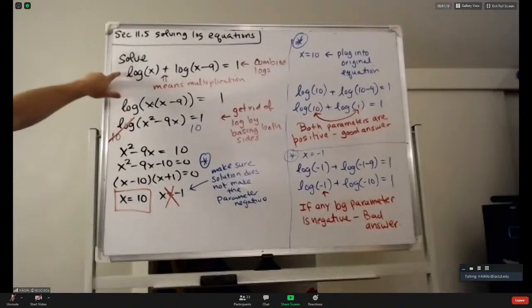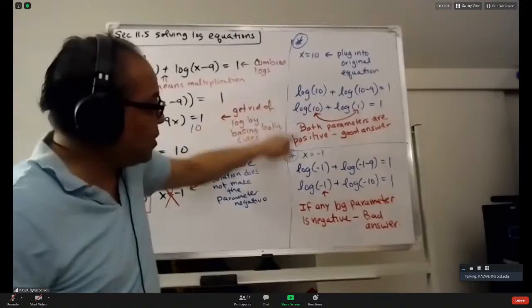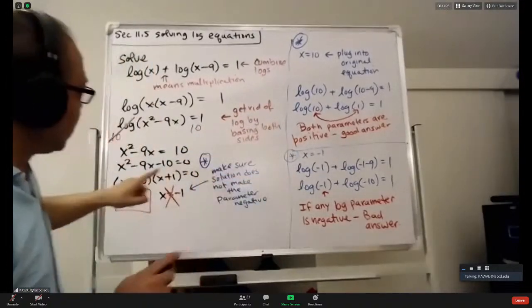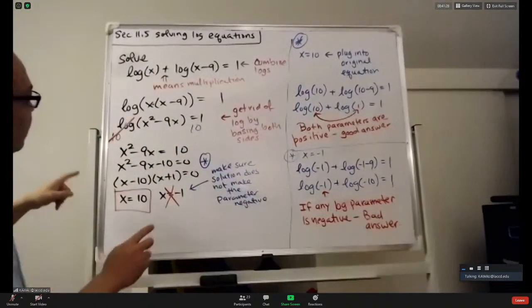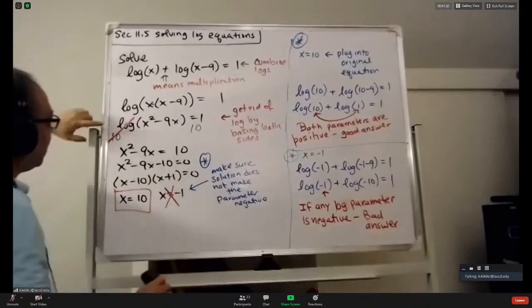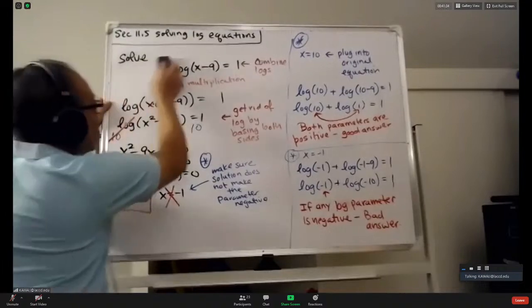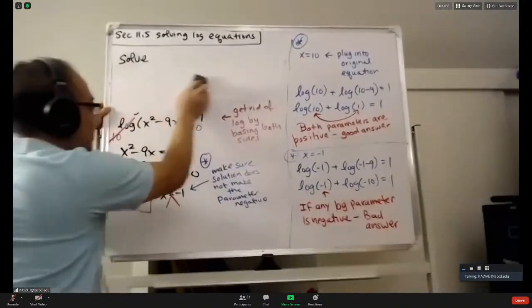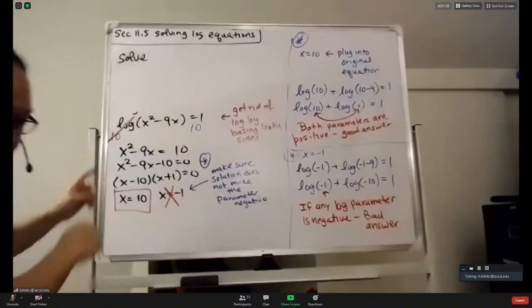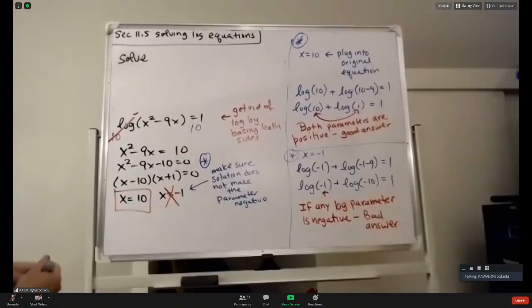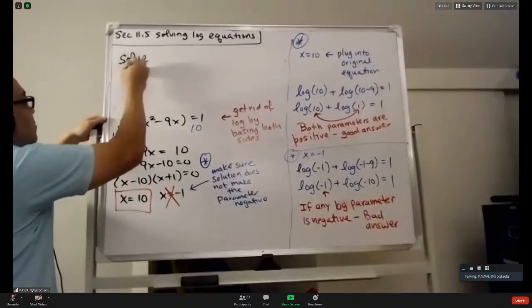So we started this original problem from here, right? And then when we double checked it, one of them didn't work. Now what I want to do is give you the same problem, but we're going to start our problem from here. So let's say I gave you this problem.